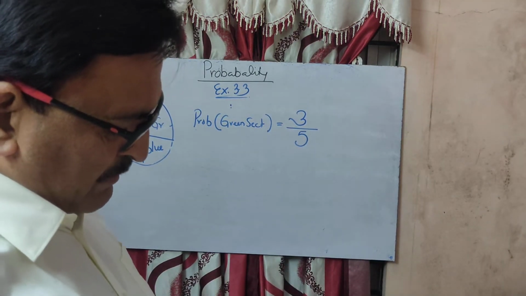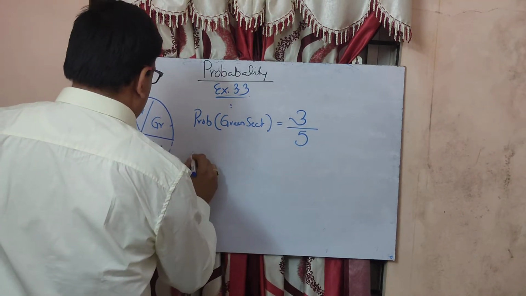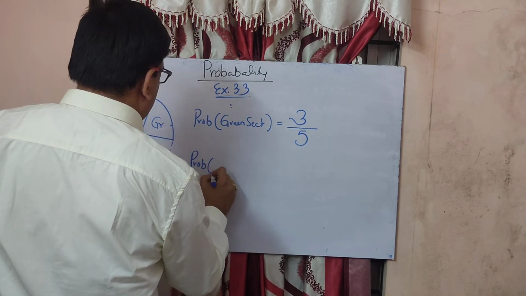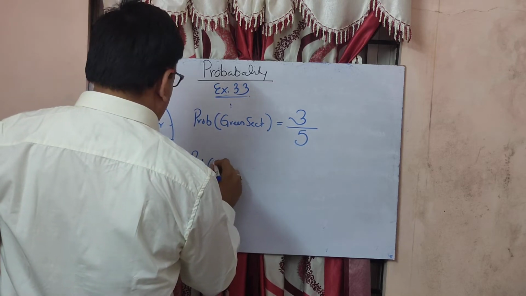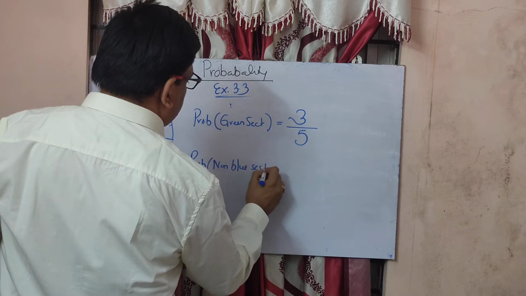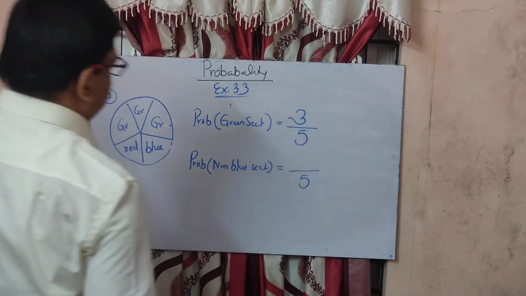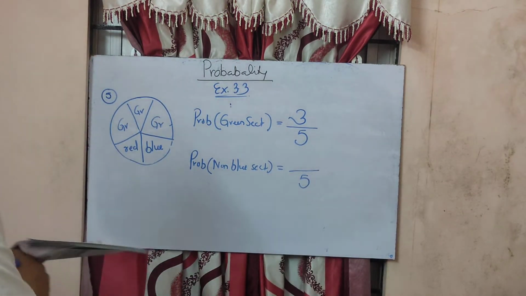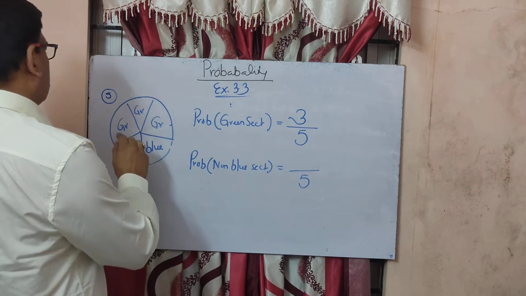So what is the probability of getting a non-blue sector? Probability of getting a non-blue sector. Totally there are how many sectors? 5 sectors. Non-blue, other than blue, how many are there? 1, 2, 3, 4.